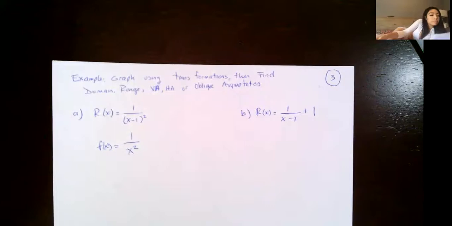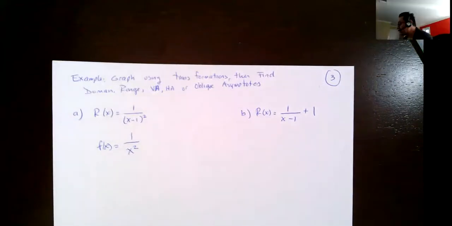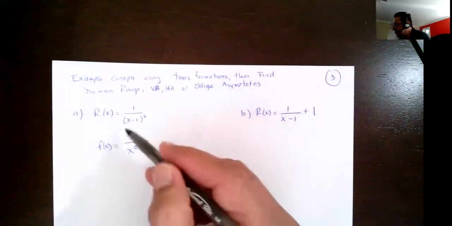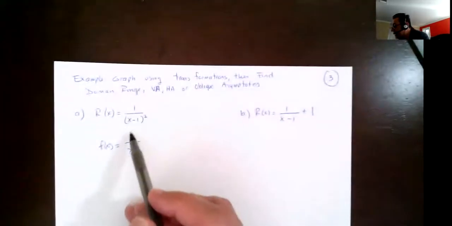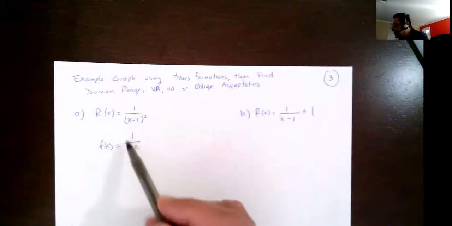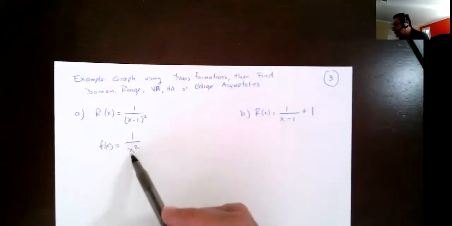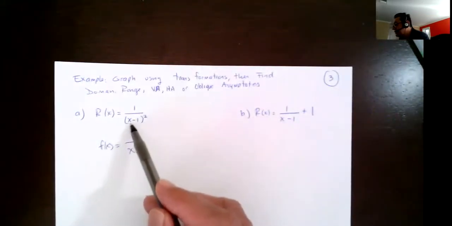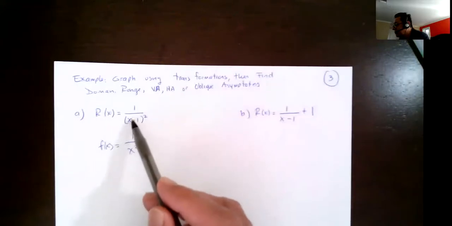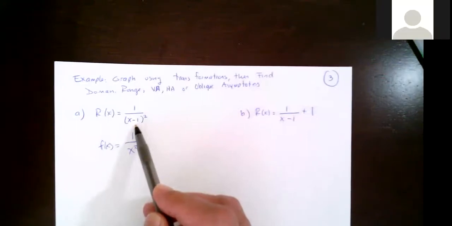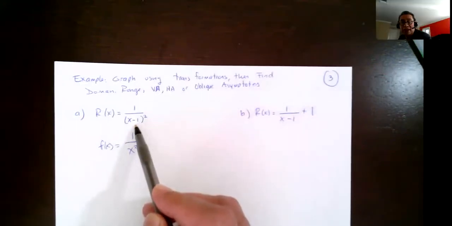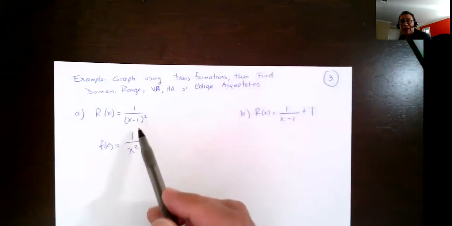All right, so notice, let's go back to r of x. This is (x minus 1) squared. So that means that the reciprocal squared is shifted by 1. Is it to the right or to the left? It's to the right. It is shifted 1 to the right. How do we know that?